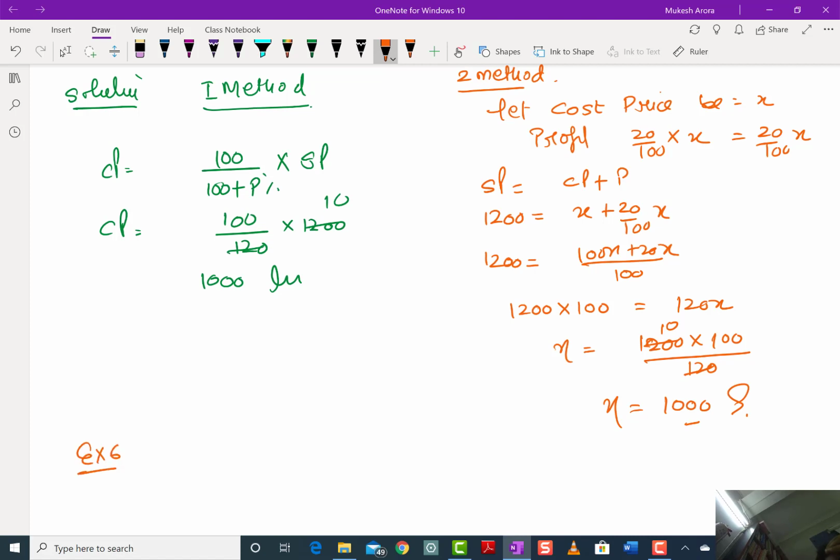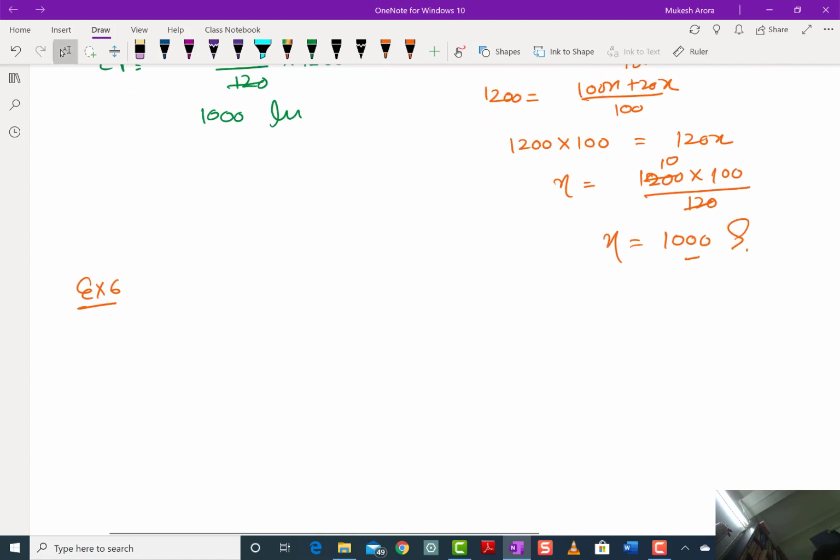Example number 6 is also of the same kind, where SP is 4950, loss is 10%.